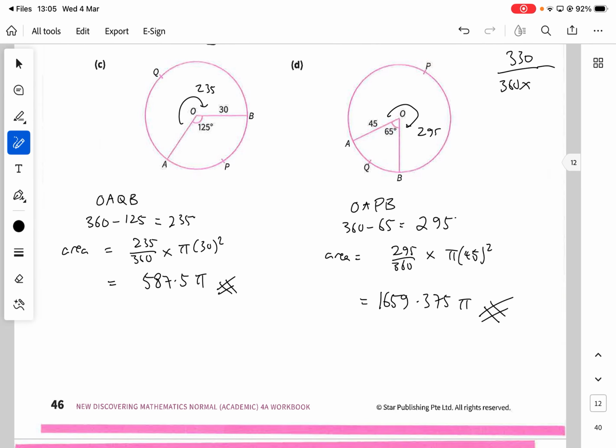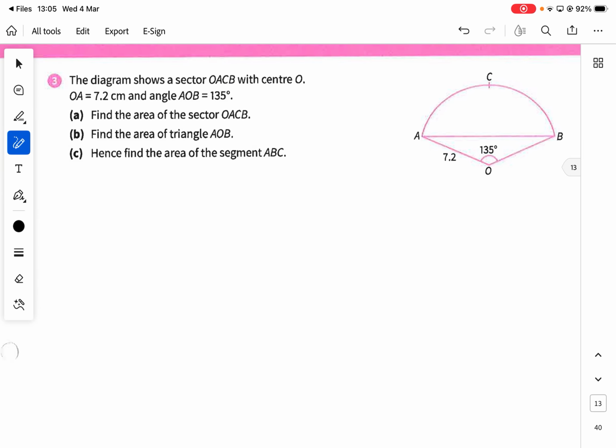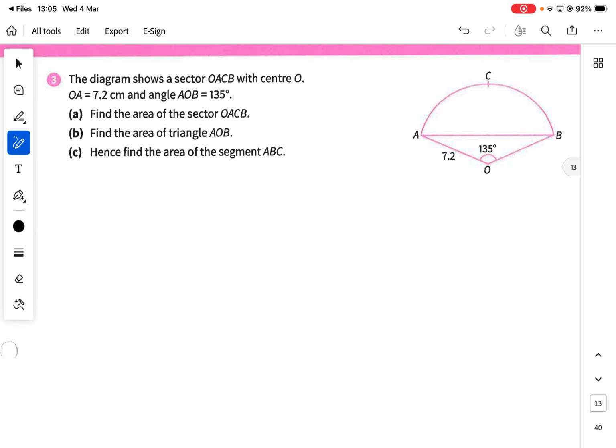From here you can tell they are asking you to find this round piece, which ends like that. We call this a segment. This is not a semicircle. This segment ABC is not this piece. When I have an entire circle, this is what we call a segment. A semicircle is only when you pass through the radius, through the centre.